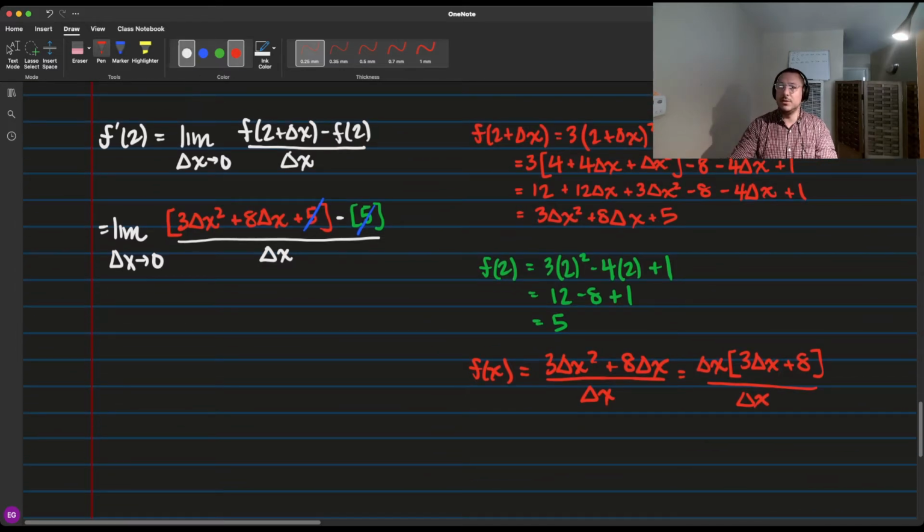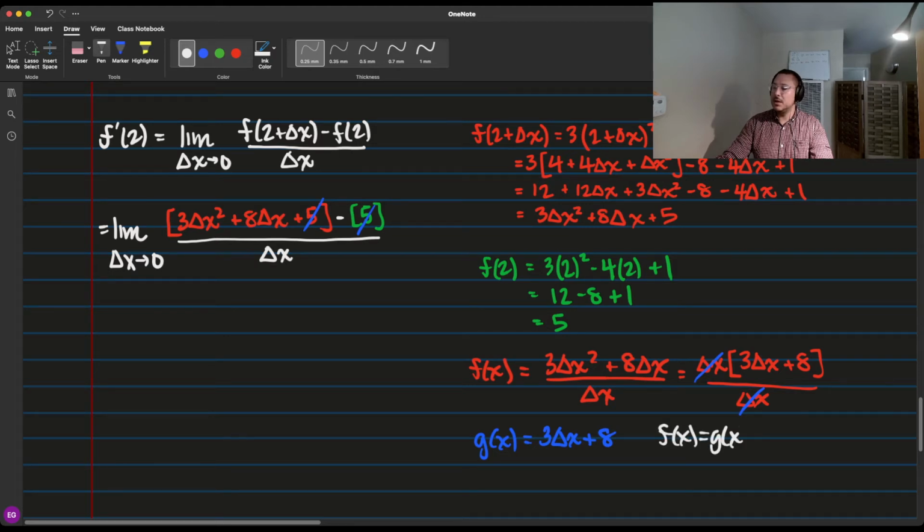Now those quote unquote cancel. You get a new function g of x, which is 3 delta x plus 8. But most importantly, what can you say about these two functions? Well, f of x equals g of x except when delta x equals 0. In other words, they agree except at a point.